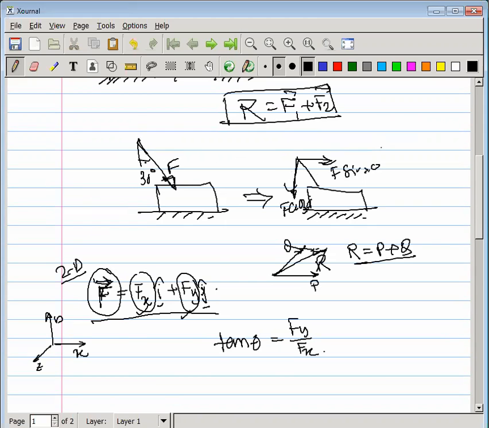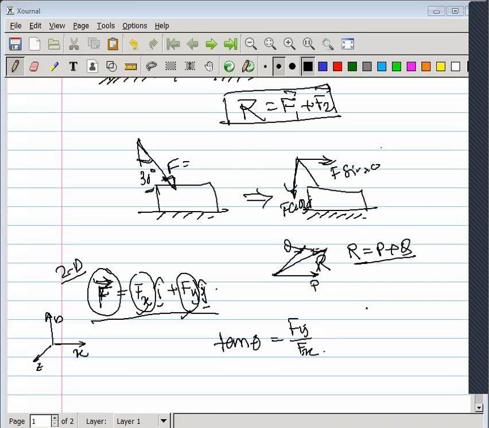So how much is the angle? Suppose in the question it is not given, you have to find this angle, and only the force vector is given. Then you first resolve that force into components, and then find this theta from Fy and Fx. Clear? In such a manner you can find the theta.